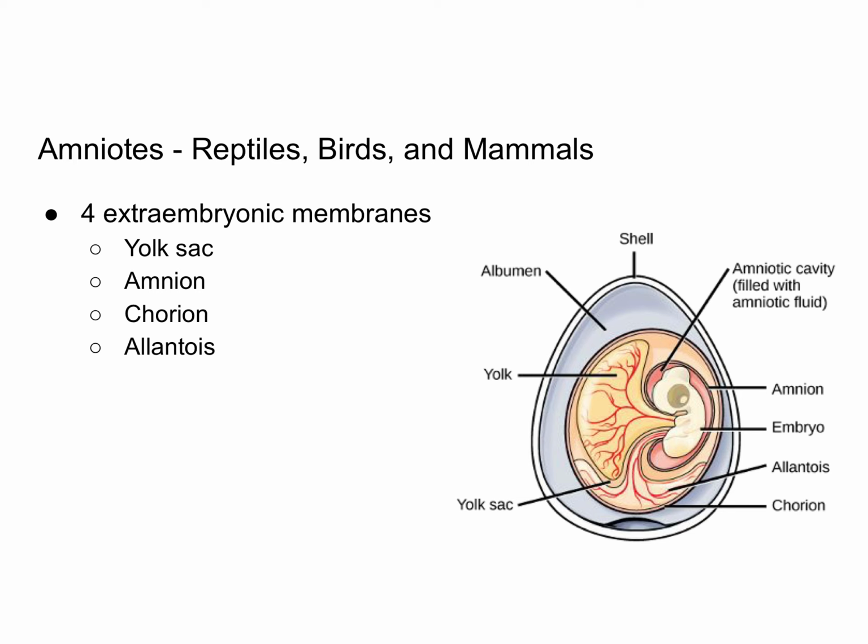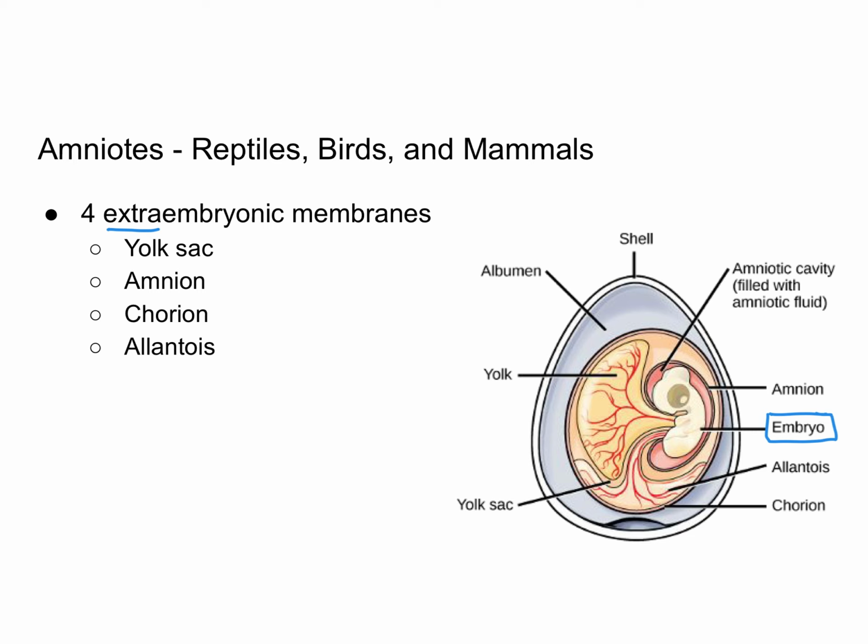So these amniotic eggs have 4 extra embryonic membranes. And extra means that it is a membrane that is not actually part of the embryo. So the embryo is the developing animal, and the extra embryonic membranes are surrounding the embryo.